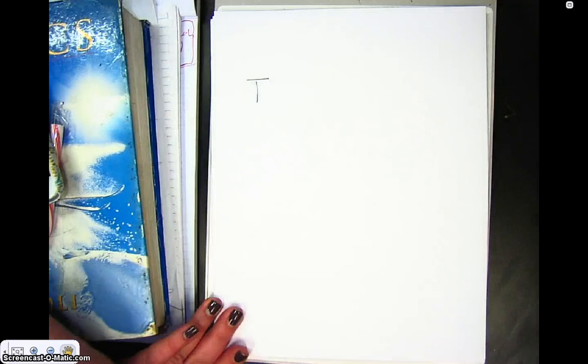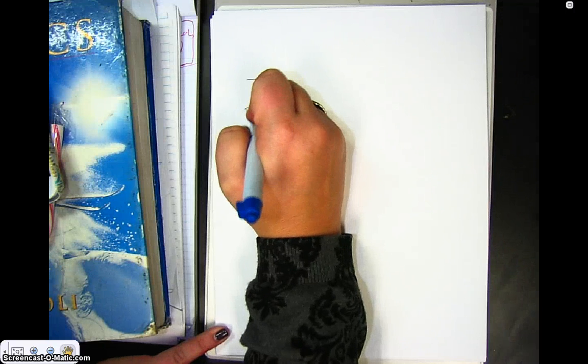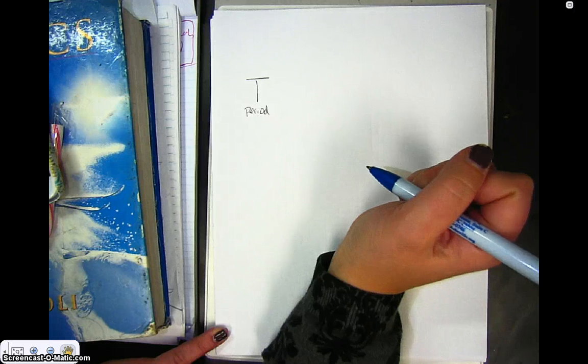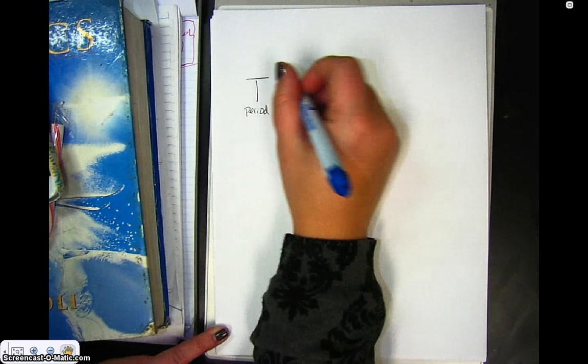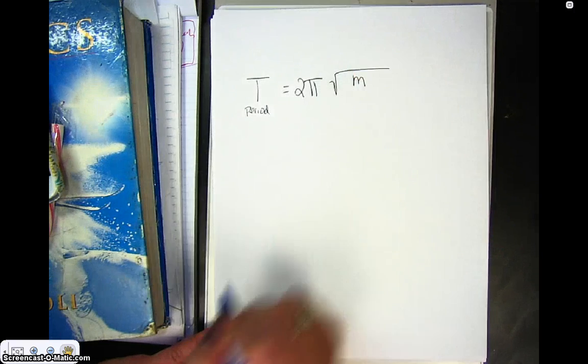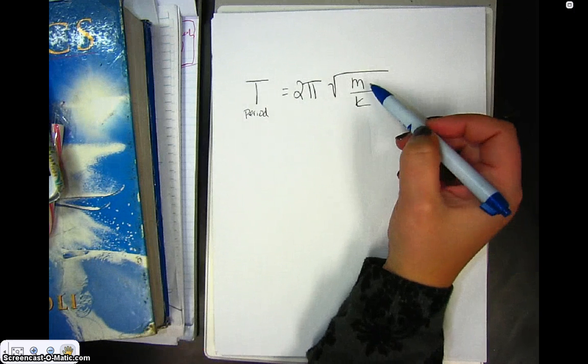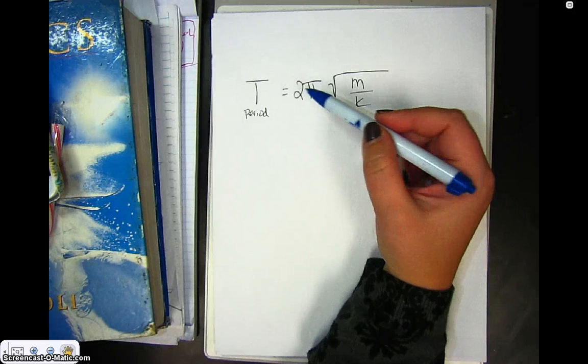But for most cases, and I'll say that there are some instances where we have numbers that fall outside of this, but in general, we can use this equation: T, which is the period in seconds, or the time to complete one oscillation of a mass on a spring, is equal to 2 pi times the square root of the mass hanging from the spring over the spring constant, T = 2π√(m/k). So meaning that the bigger the mass is, the bigger the period. So that kind of makes sense.